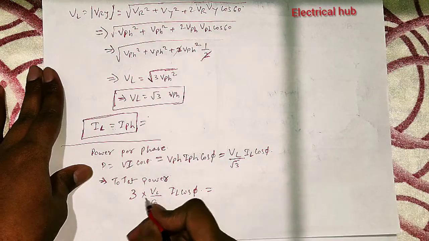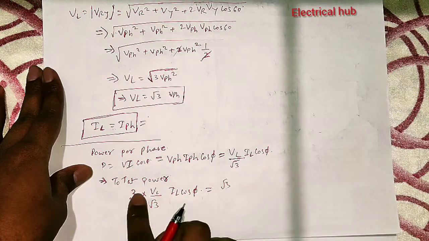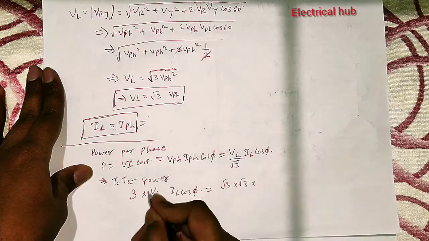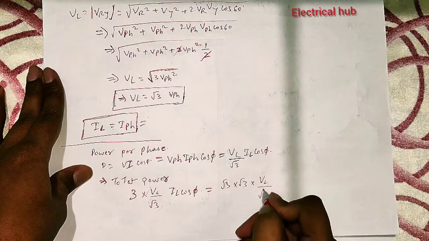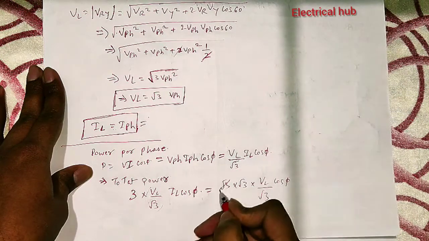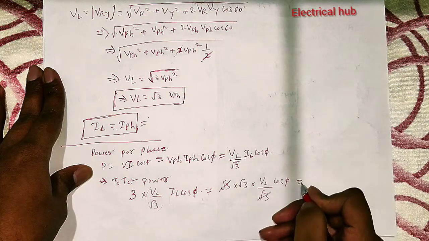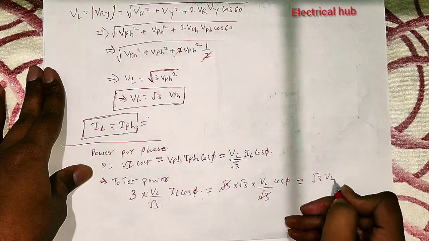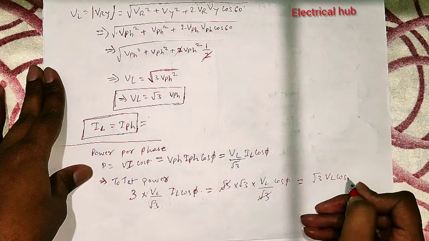If you want to simplify this, you can write 3 as root 3 into root 3, and then this part VL by root 3 and then cos phi, and this root 3 and this root 3 will get cancelled, which will automatically become root 3 VL IL cos phi.